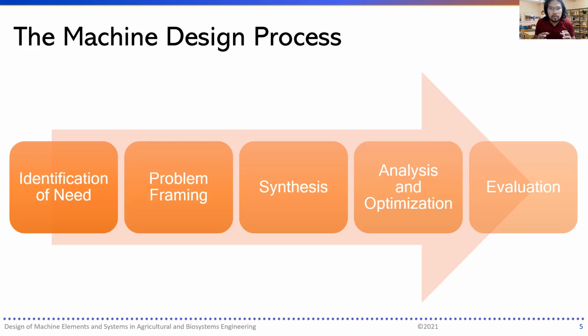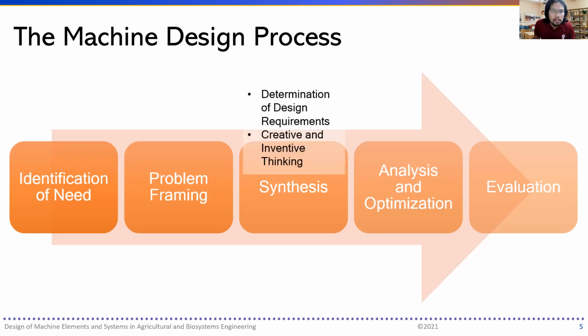So with optimization, when we say optimal, it's the best possible conditions or settings to achieve the desired end. And then lastly, you have the evaluation. Where does creativity and inventiveness come in? It's in the synthesis. Now, in the machine design process, there are a lot of possible solutions when trying to solve the problem as defined in this step.